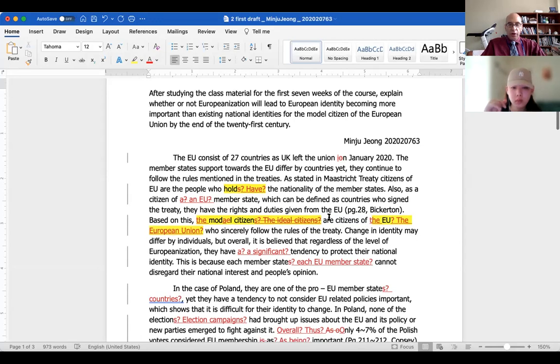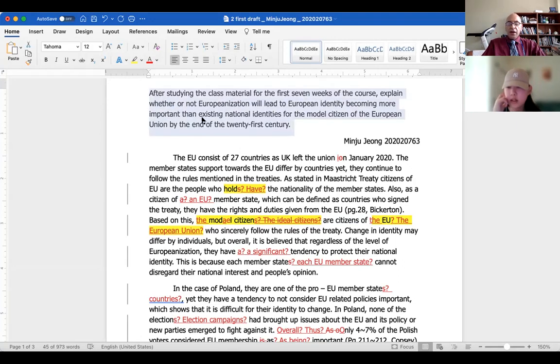So you want to create a situation where the typical citizen, not everybody, because you never end up in a situation where everybody behaves that way, but the most typical European Union citizen wants to follow the rules and feels sincerely to follow the rules of the treaties. That they want to act like Europeans, and that means following European Union rules. That's what you are imagining this creation of a European identity means, right?